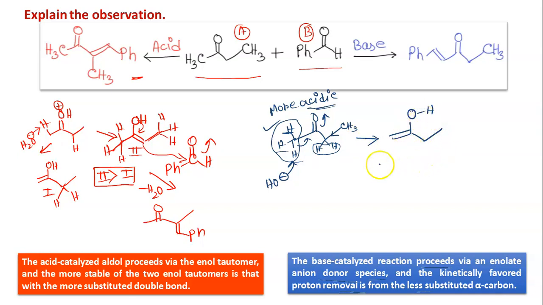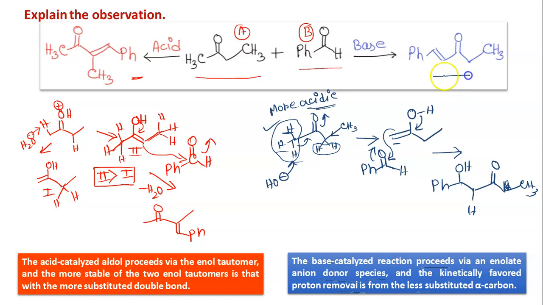If in enol the OH is O minus, then it is enolate. And next the CHO attack will be from this CH3, that is, the carbonyl is basically here. So first we will get OH, and finally there is CH2, CH3, and proton removal.